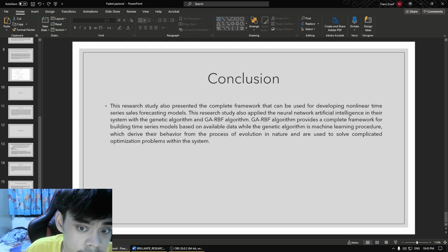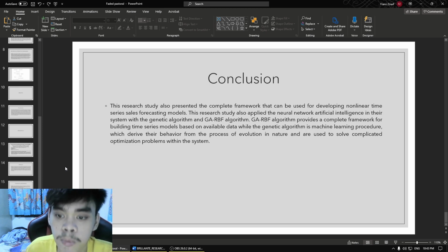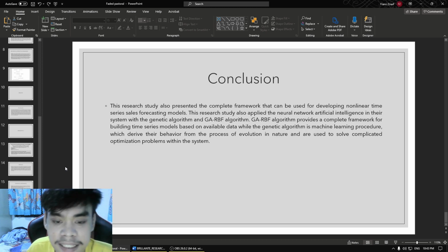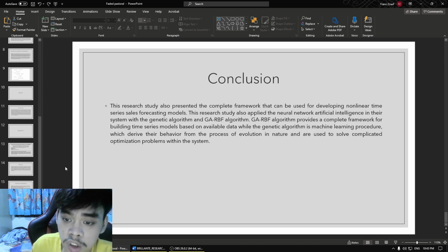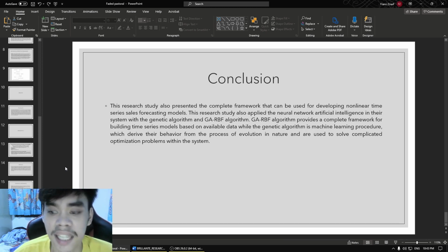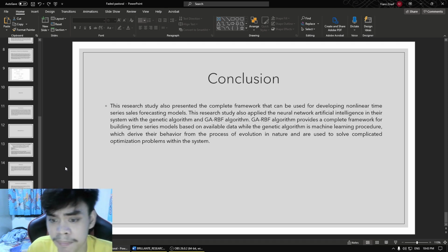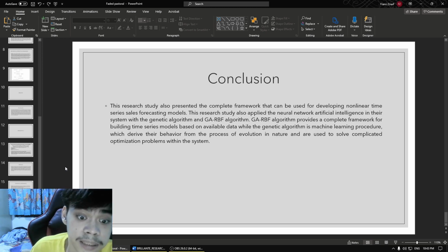So again, for the conclusion, this research study presented the complete framework that can be used for developing nonlinear time series sales forecasting models. This study also applied the neural network artificial intelligence in their system with the genetic algorithm and the GARVF algorithm. Again, the GARVF algorithm provides a complete framework for building time series models with the available data, while the genetic algorithm is for the machine learning procedures.